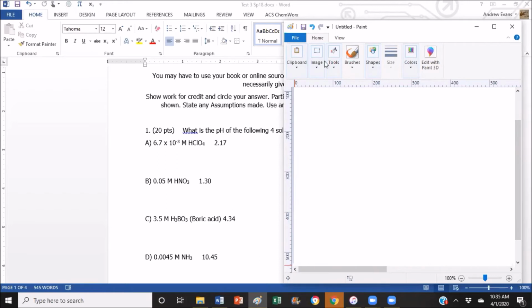So, a quick reminder. As we look at these, step 1 is to determine whether it's a strong acid or base or a weak acid or base, and we do that by looking to see whether you find a Ka or Kb associated with it.